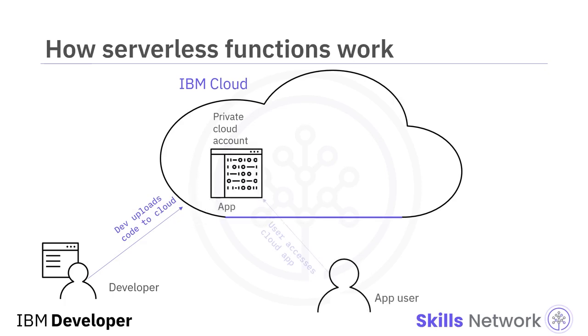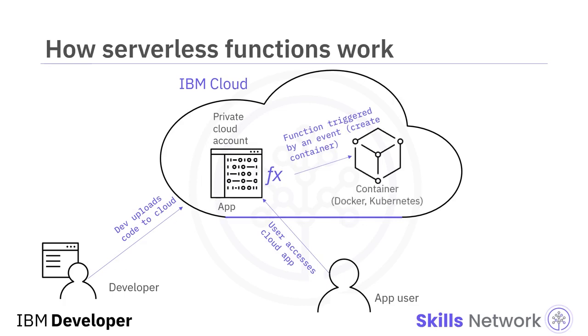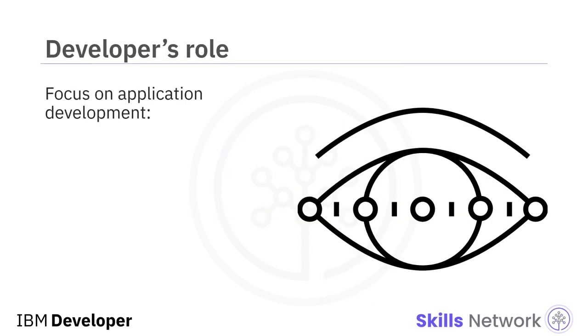Then, events are defined that trigger the function, such as a user click. And once the event occurs, the trigger is invoked, and the cloud provider runs the function, resulting in the container object.